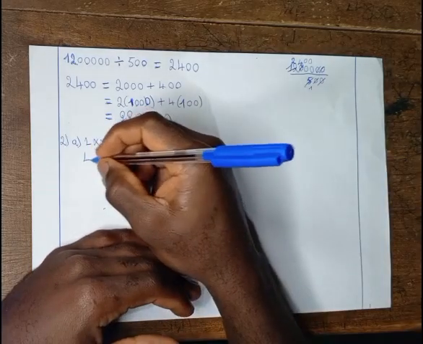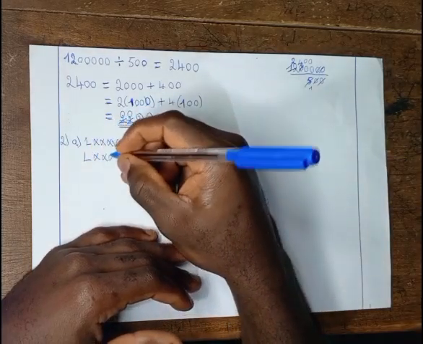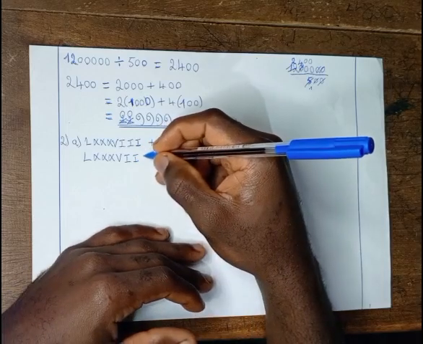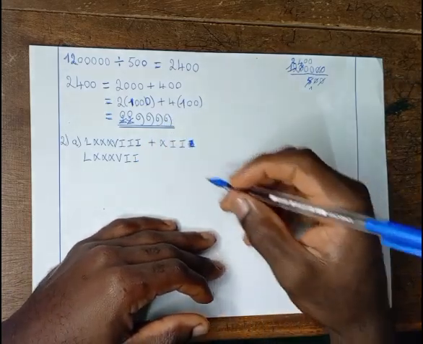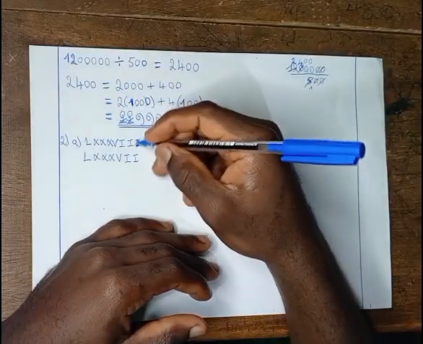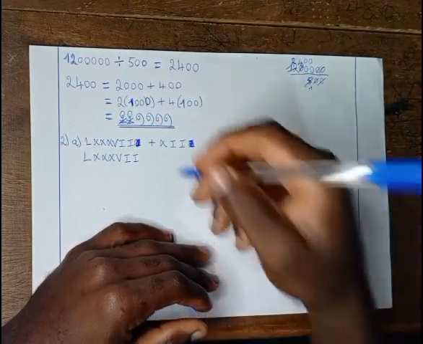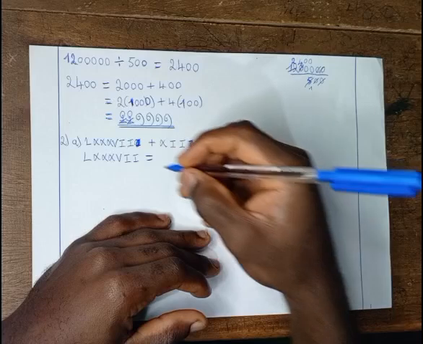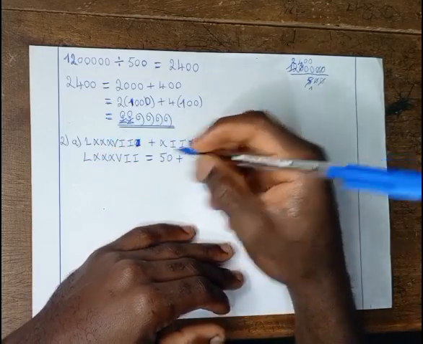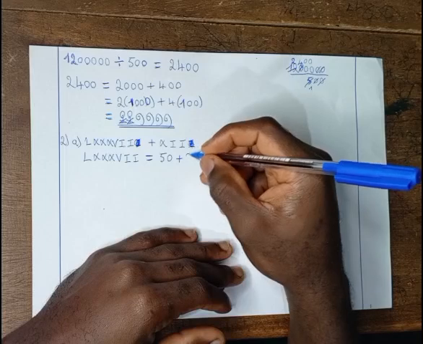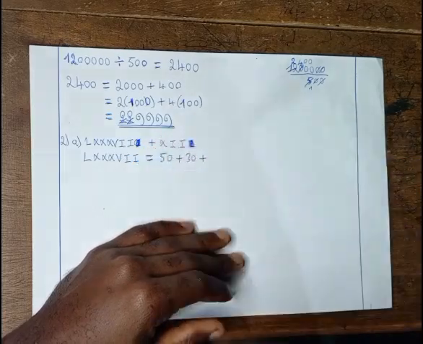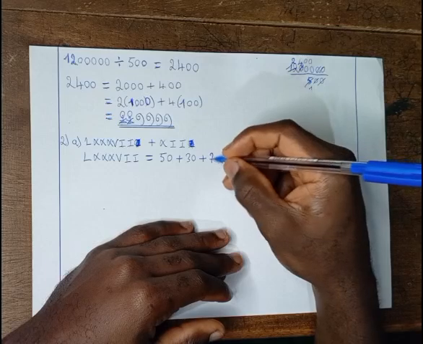So if you convert the first number L, X, X, X, V, I, this one is not there. So this will simply give us, we know L represents the number 50 plus XXX represents the number 30 plus VII represents the number 7.